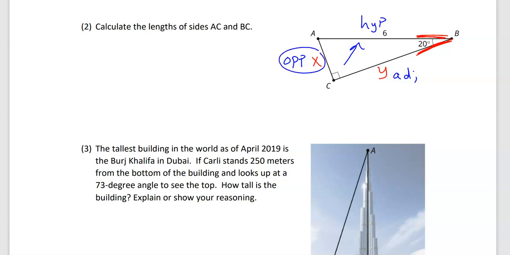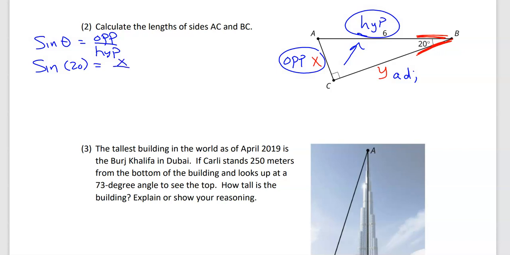So if I would start with the X side using the hypotenuse, this would be a sine problem. The sine of theta is equal to the opposite side over the hypotenuse. So if I put in the angle measurement 20 degrees, the opposite side is X, the hypotenuse is 6.